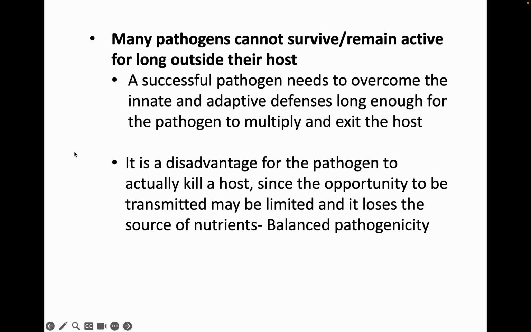And actually, we've seen a really good example of this with coronavirus. So COVID-19 is a disease caused by a specific coronavirus infection. But what we noticed at the onset of the pandemic was that COVID infection was very severe and had a high likelihood of death, right?